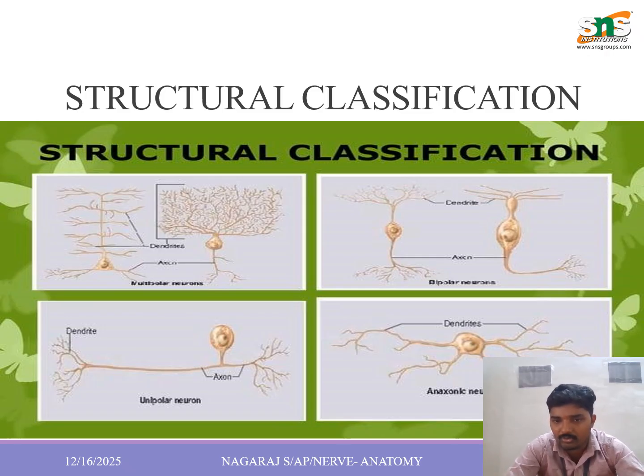In an axonic neuron, the axon passes through many filamentous branches. These are the structural classifications of the neurons.